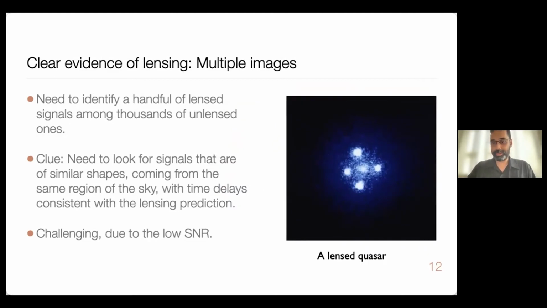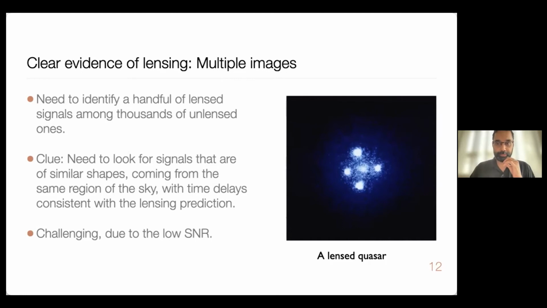It's very small compared to the signal-to-noise ratio of electromagnetic observations. So it is not very easy to identify a handful of potentially strongly lensed signals among hundreds of unrelated gravitational-wave signals.